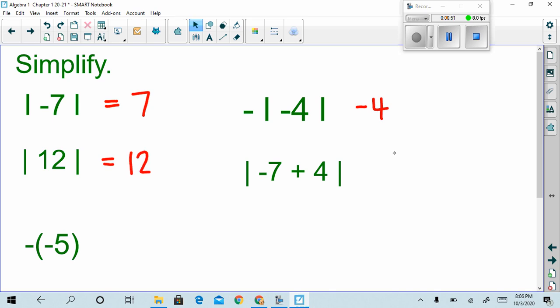Here's another one where I have to first simplify what's in the grouping, and I get 3. Now I put this last one up so that you were mindful of the fact that this one is not representing absolute value. It is a number in parentheses, and this still says the opposite of, and the opposite of a negative would be a positive. You don't want to confuse these when you encounter them.